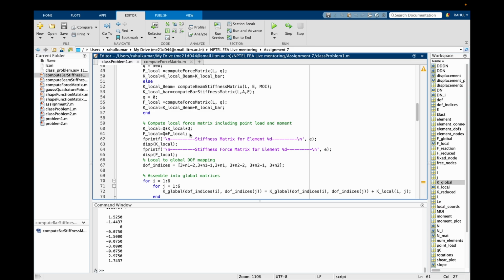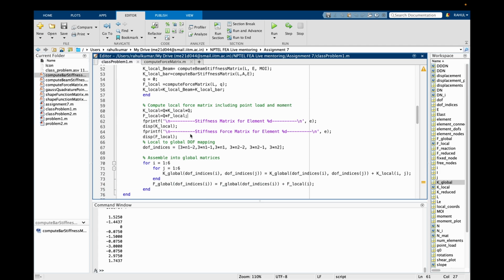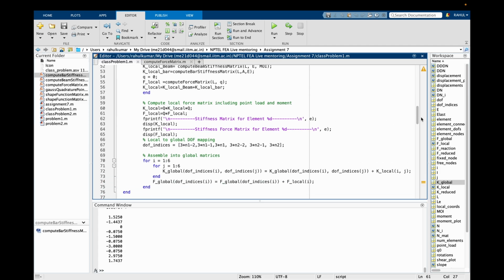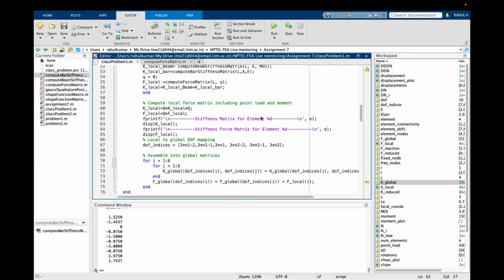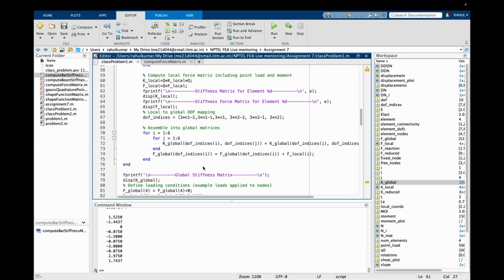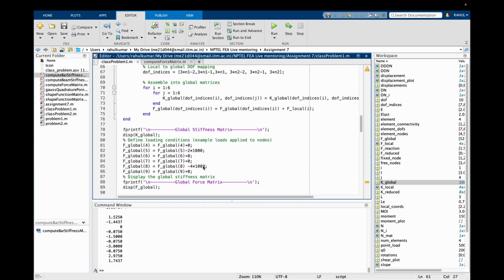So that's why we need to transform that f local. Here you can see that f local, we also need to transform that matrix. So I have transformed it, and then we will use the same loop.